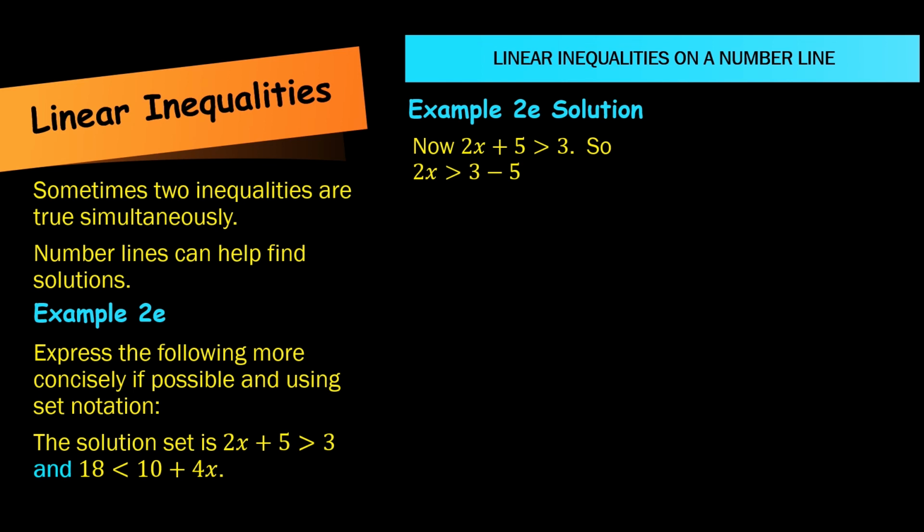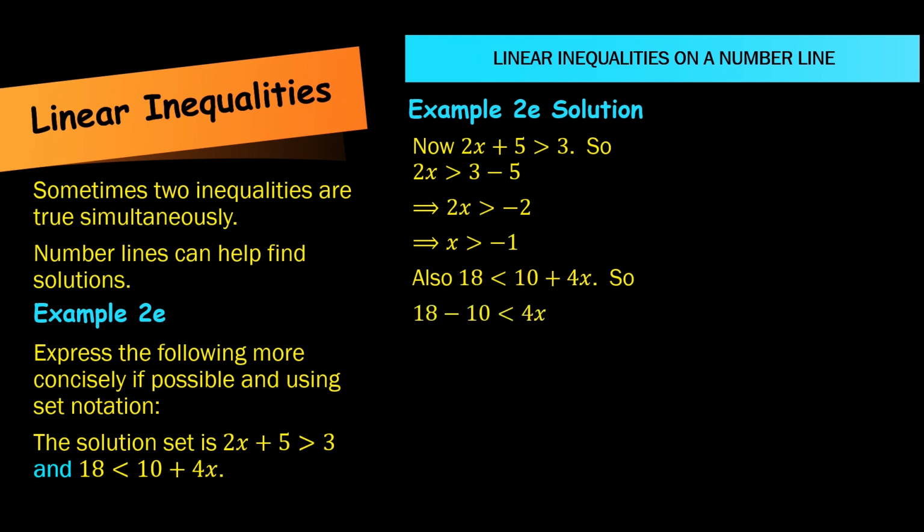Then we tidy up and finally divide by 2 to give us x greater than minus 1. Similarly for the second inequality, all the constants are brought over to one side, so we have 18 minus 10 is less than 4x, giving us 8 less than 4x, and finally dividing by 4 gives us 2 less than x.